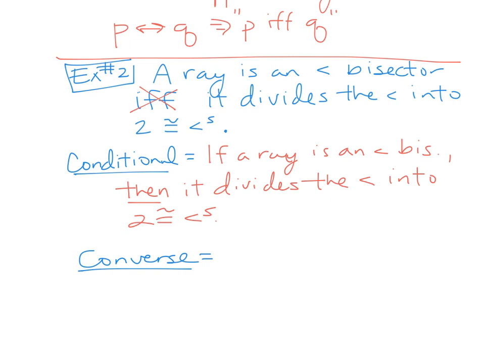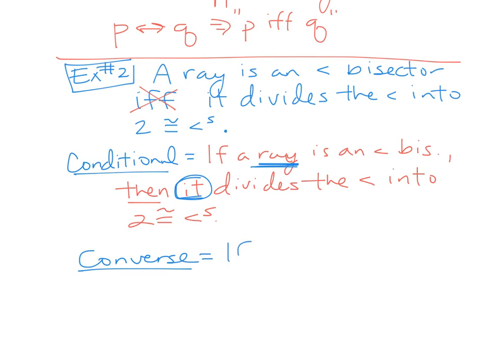If what? And here's where you have to be a little bit careful, because you still need a subject, and "it" is not a good subject for this one. So if a ray is an angle bisector, then it divides the angle into two congruent angles. We want to say if what? What is it that we're talking about? We don't want to say if it divides the angle. We want to say if the ray, right? We're talking about the ray.